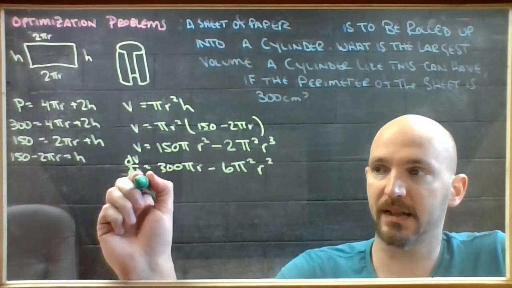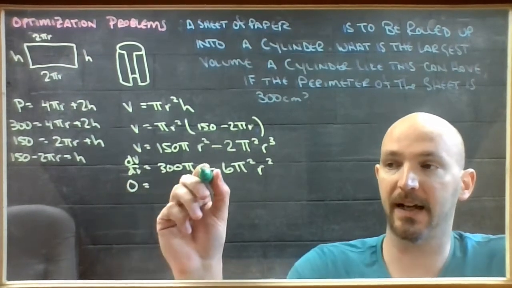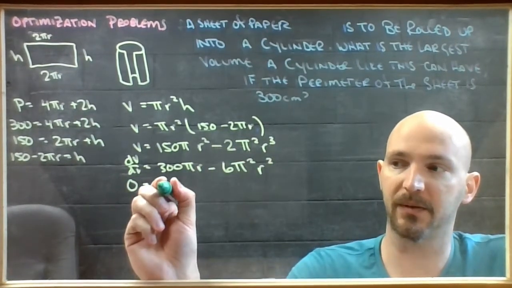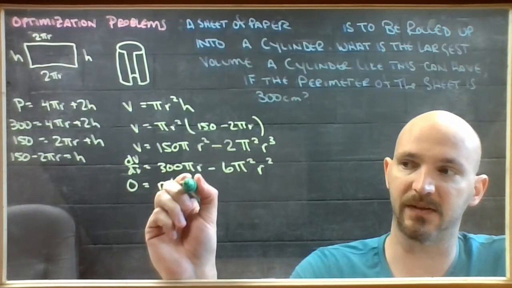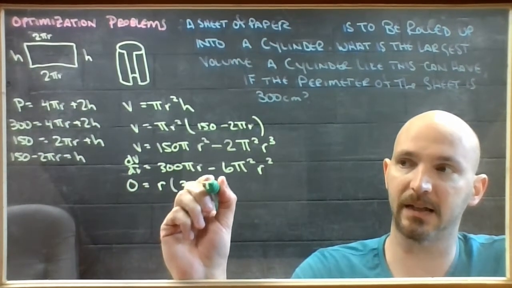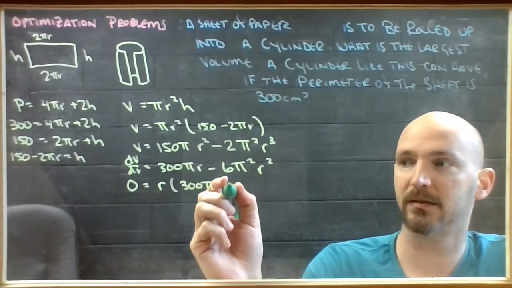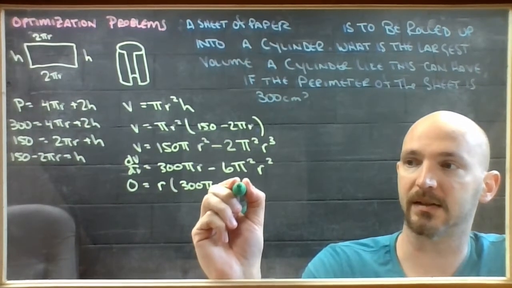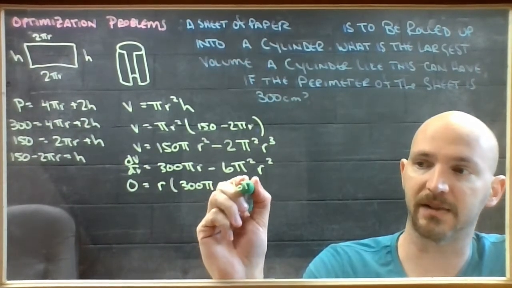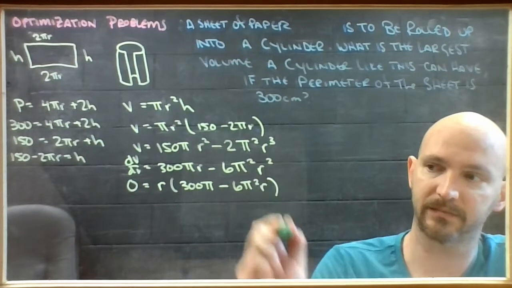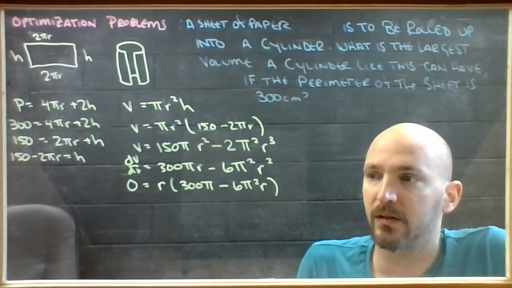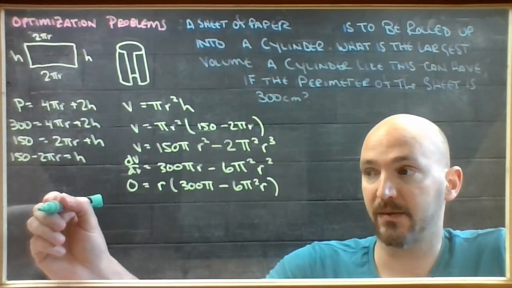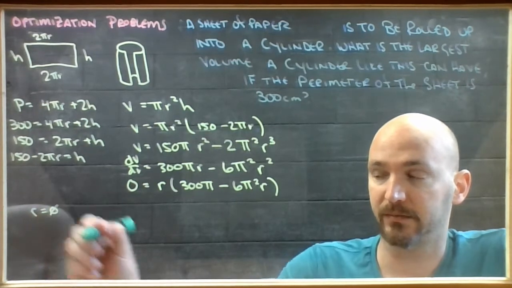Alright, so this thing is equal to 0, and I have an r in both terms, so I'm going to factor that out: r times 300 pi minus 6 pi squared r. So I have two cases. Case 1, either r is 0.